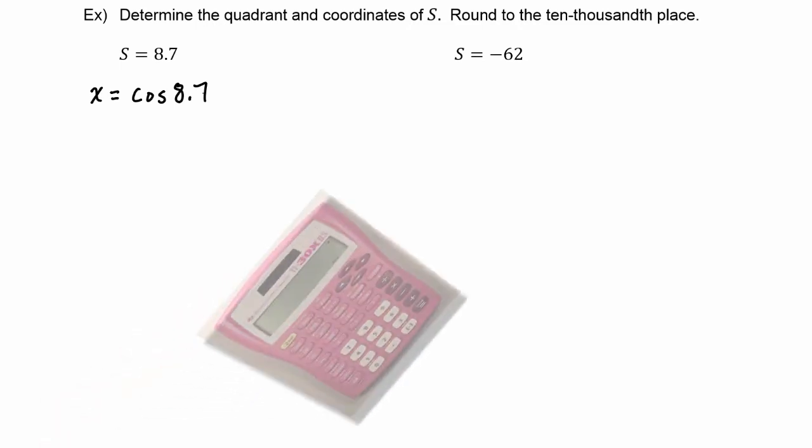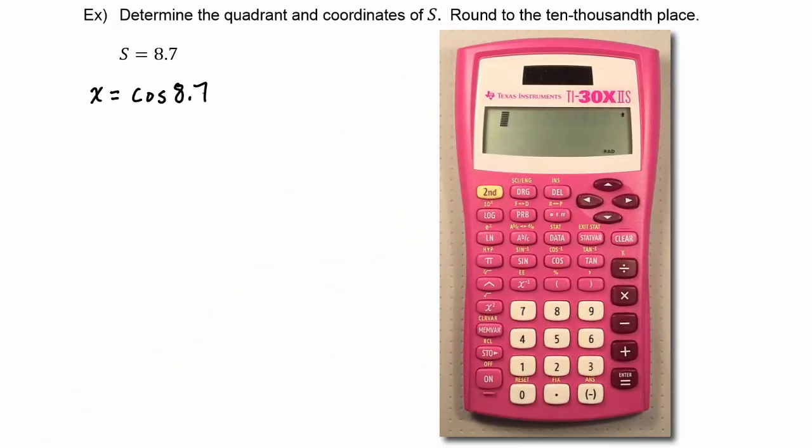So we come over to our calculators, and we take the cosine of 8.7, close the parenthesis, hit enter, and rounding to the 10,000ths place, we see that it is negative 0.7486.